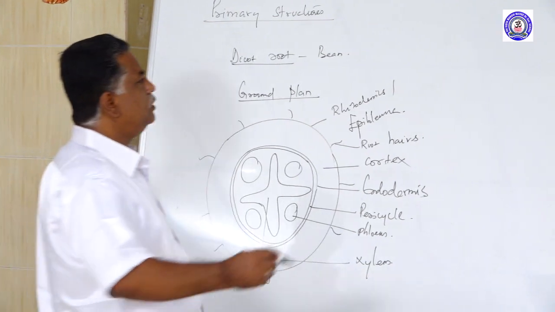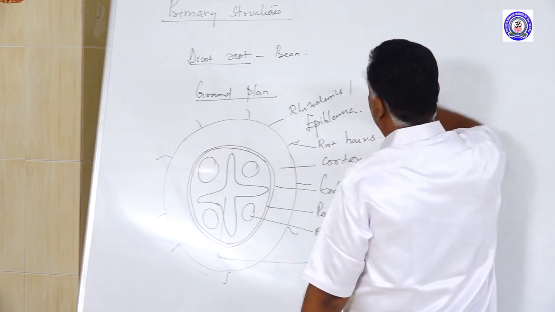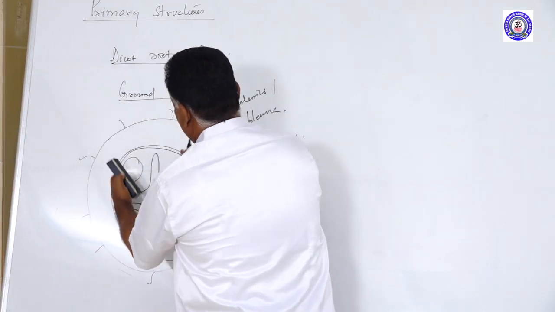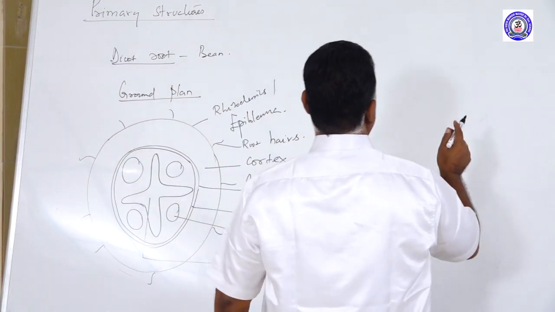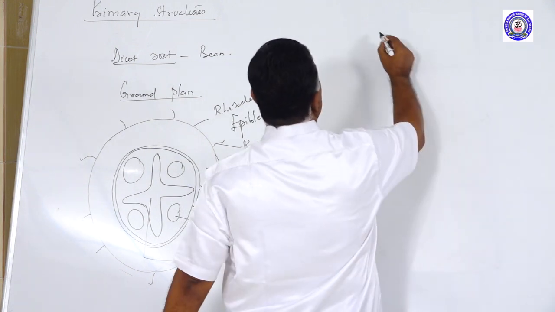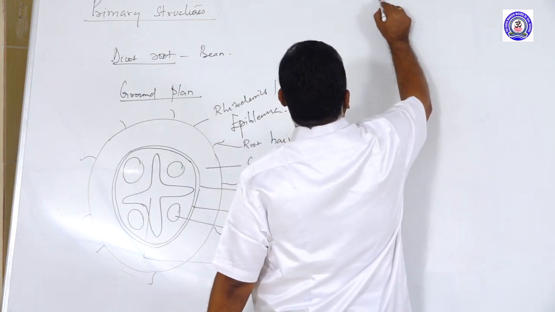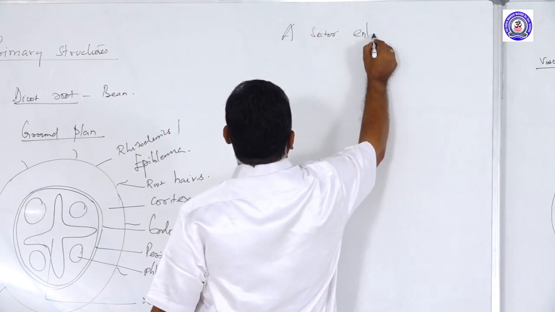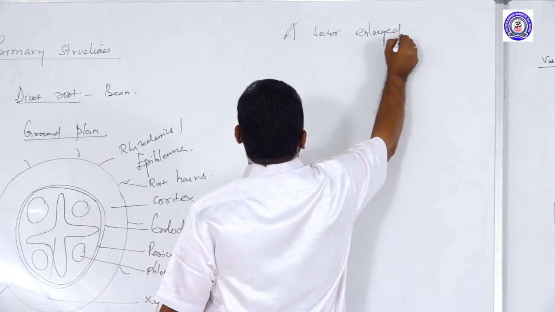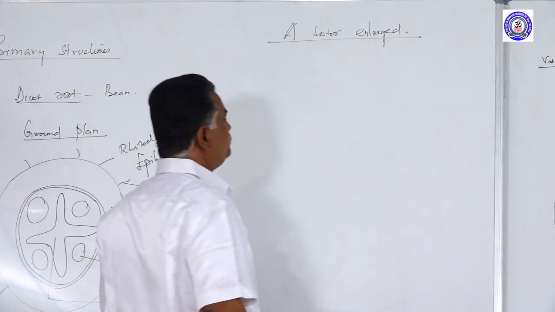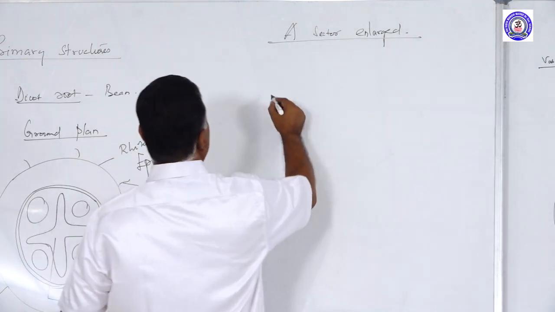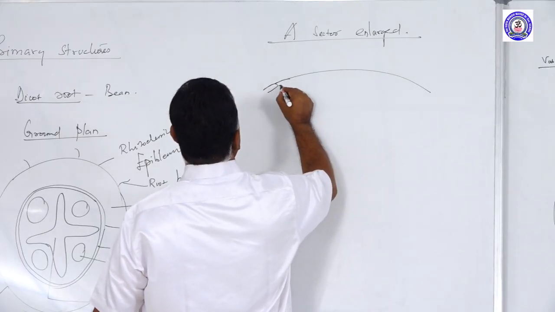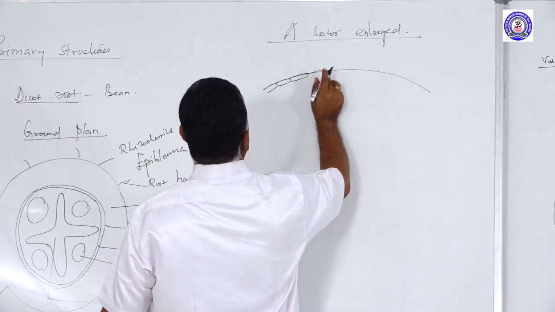We will see now a sector enlarged, a portion taken from here, and it is enlarged here to understand. This is a sector enlarged. See this part. This is rhizodermis.